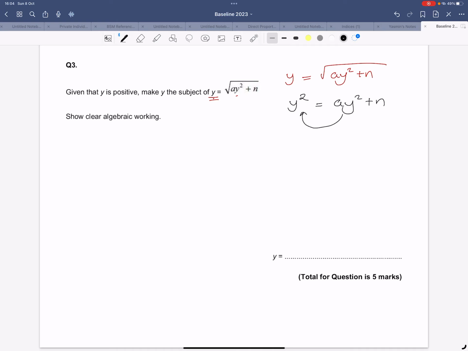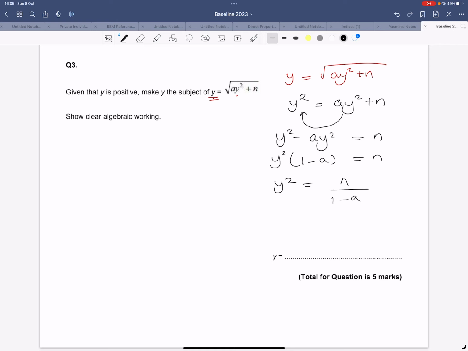Bring this one on this side, we have y squared minus a y squared equals n. Factorize the y, let's take y squared outside, open bracket, 1 minus a, equals n. Divide everything by 1 minus a, so y squared equals n over 1 minus a. This is not the complete answer.